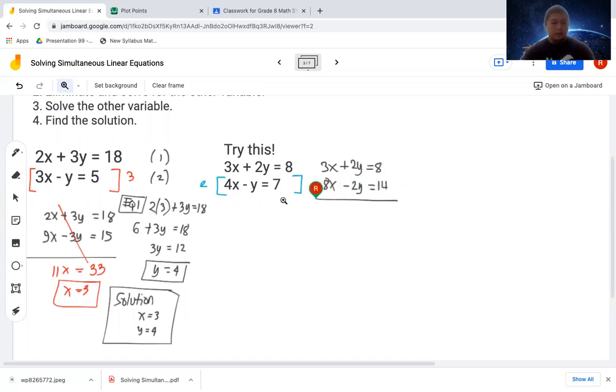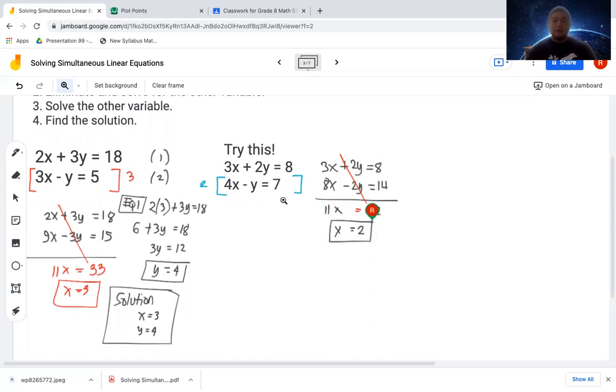So in here, you will see that you're going to get 11x. This one has to be canceled out. And then this one is going to give us an answer of 22. So this will be calculated as x is equivalent to 2.